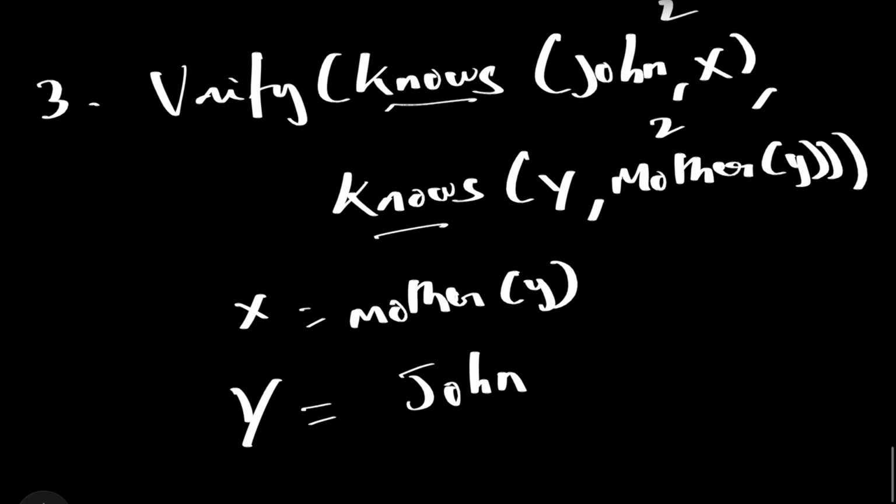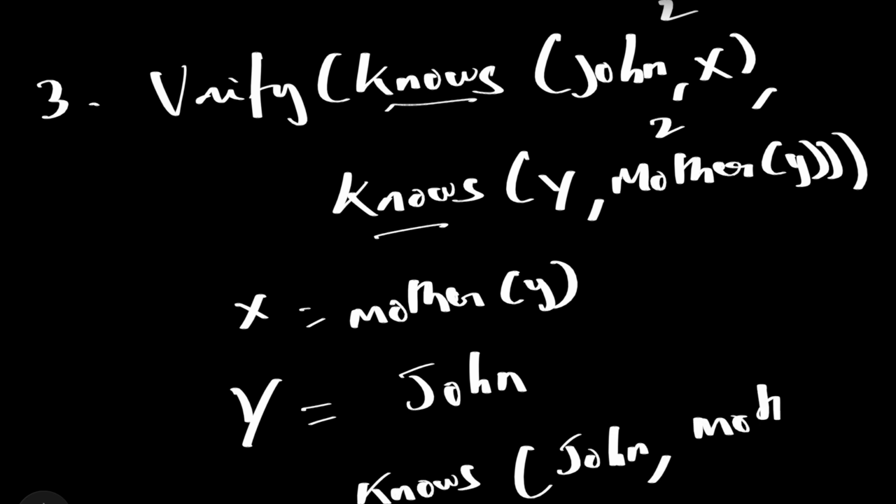In that case, the second logical statement will be like this: Knows(John, mother of John), right? So John knows mother of John.